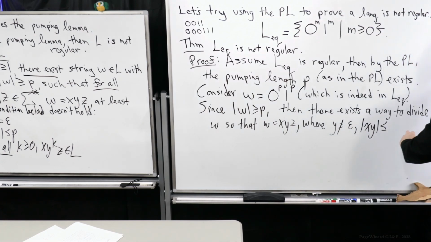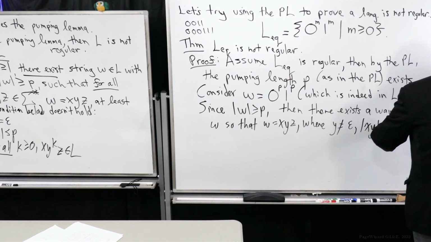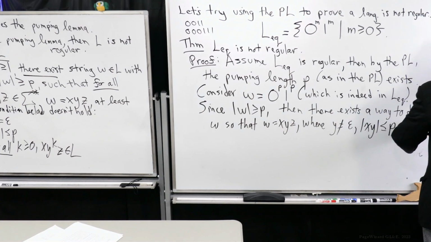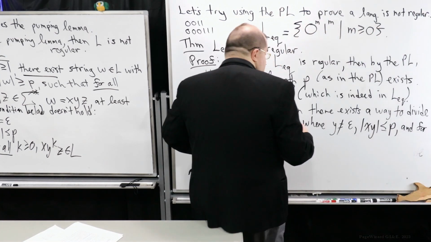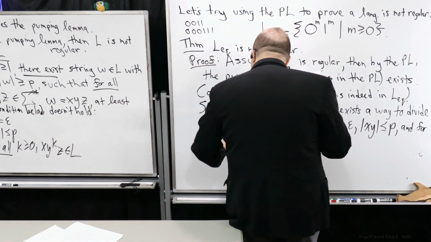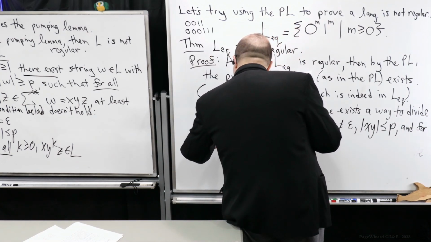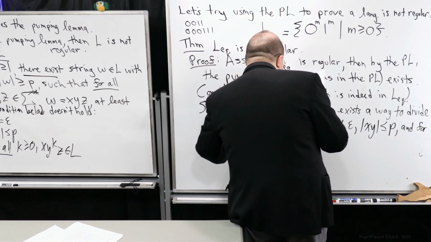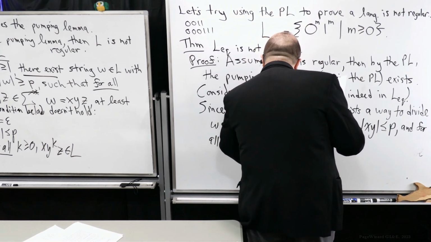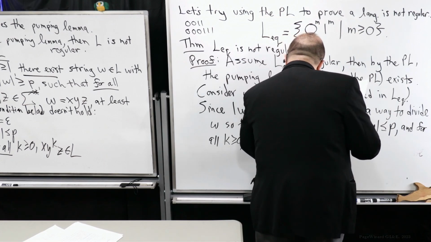The length of xy is at least the pumping length. And for all k greater or equal to 0, xy^k z is in LEQ, right?